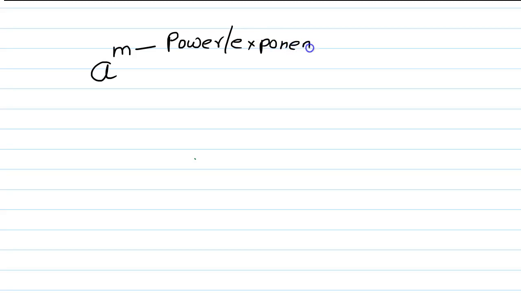So our first formula, let's take an example here. If it is a to the power m, this m is called the power, and its other name is exponent, and a is called the base.